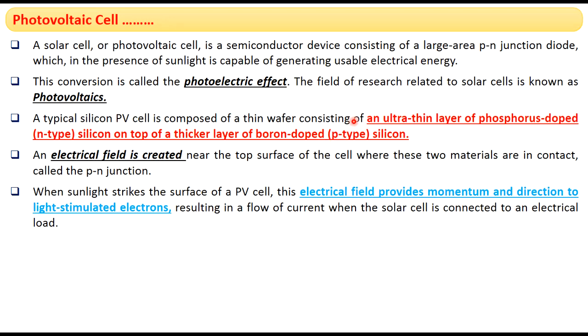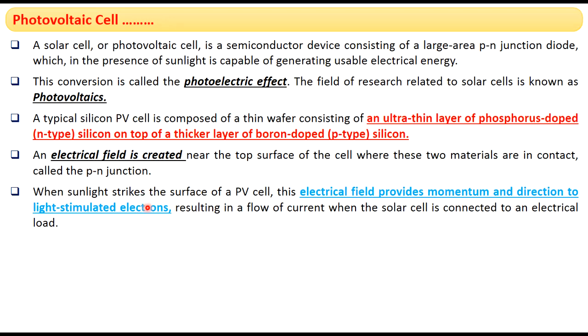These two layers are present in the thin wafer, and these thin wafers are present in the photovoltaic cell which is made up of silicon. The junction at the top surface of the photovoltaic cell, where the two materials, p-type silicon and n-type silicon, are in contact, is called the PN junction. And at this area, at the PN junction, an electrical field will be created.